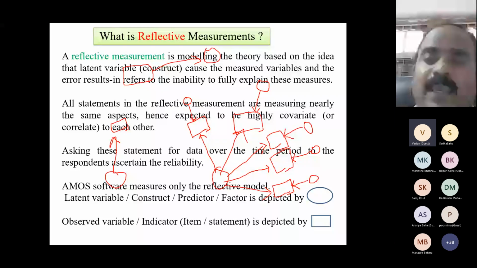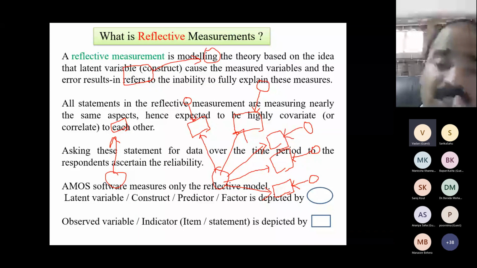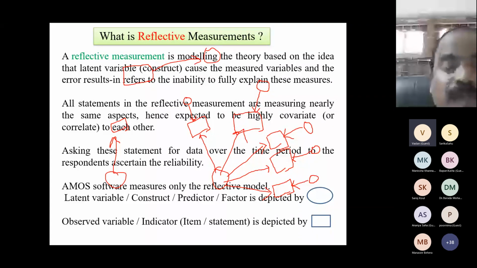If your literature says the reverse, how? If your literature says that the student satisfaction is reflected by attitude of students towards classroom, towards virtual class, towards the teacher, towards the environment of university campus.